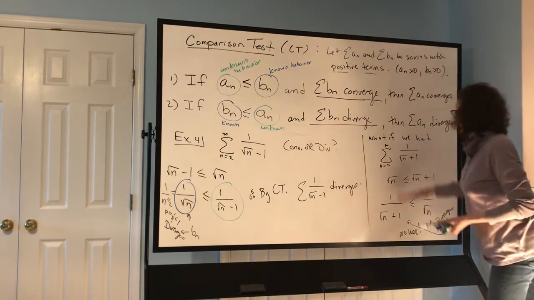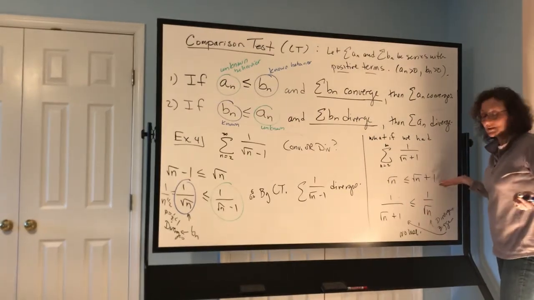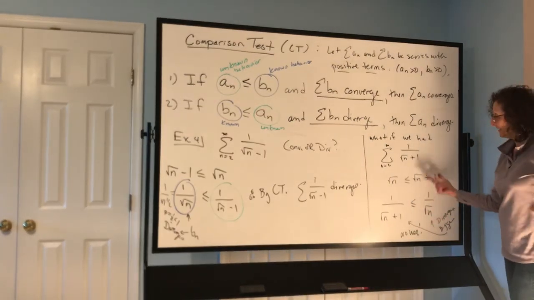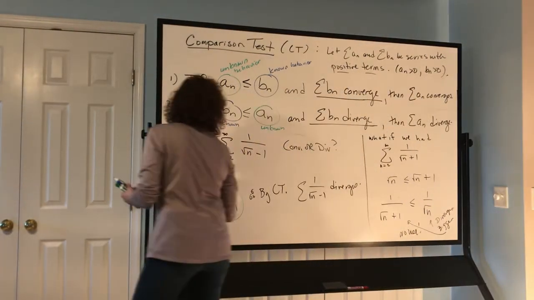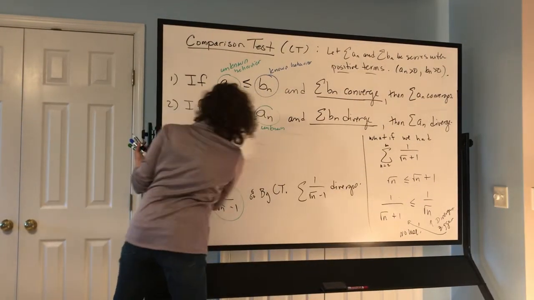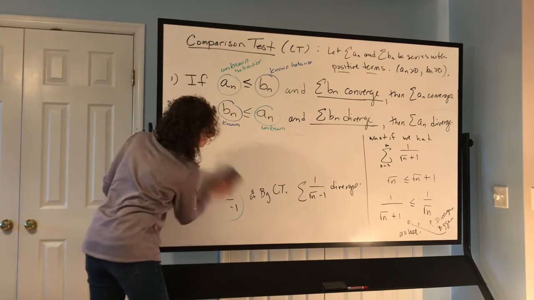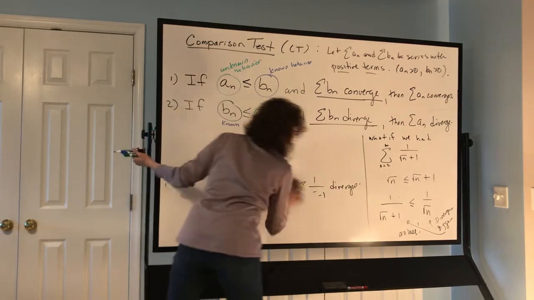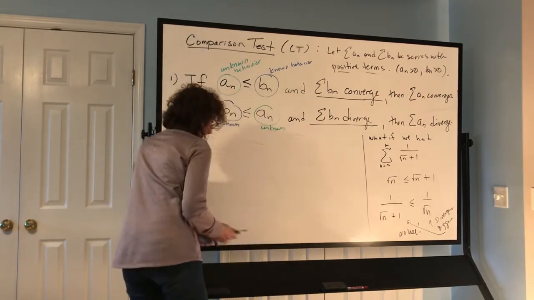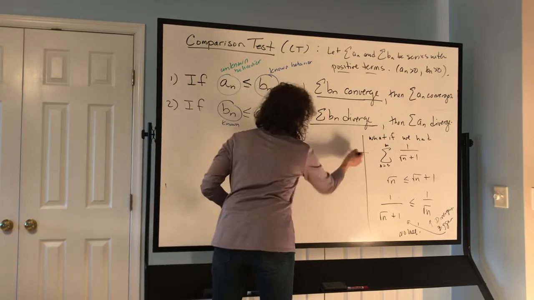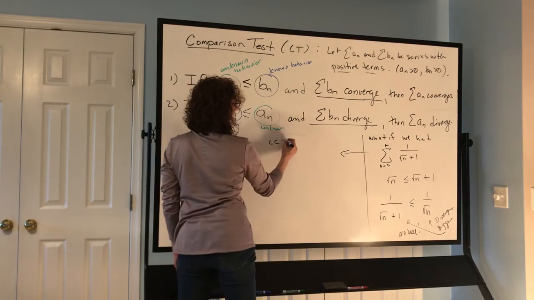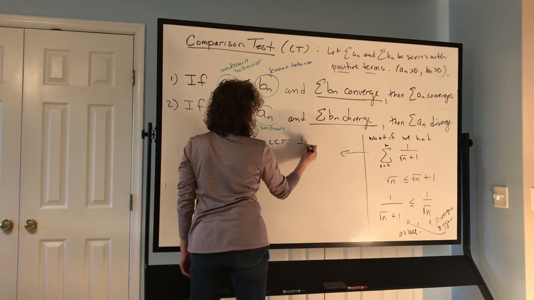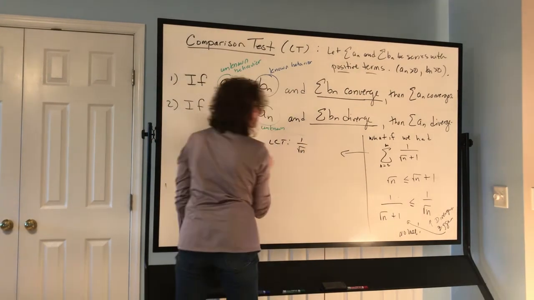So a quick comparison test with 1 over square root of n isn't going to work with this problem, right? What would you want to do for that guy?